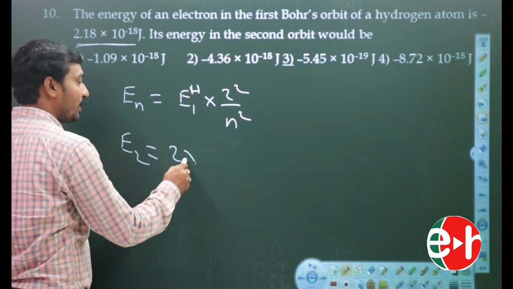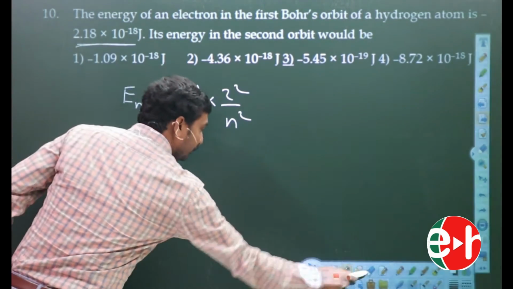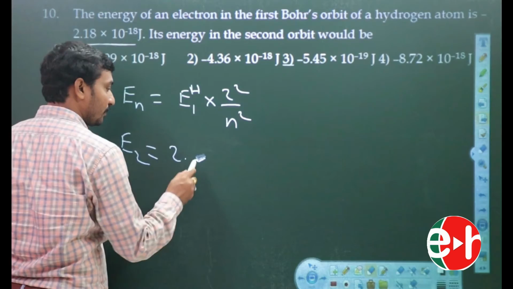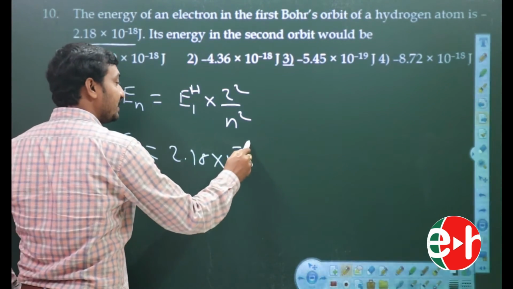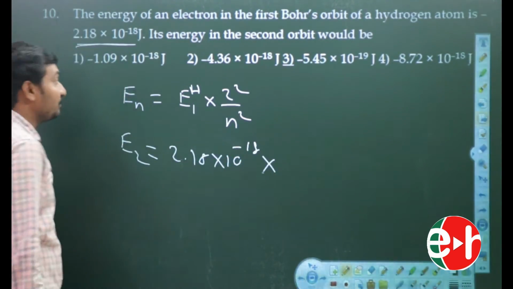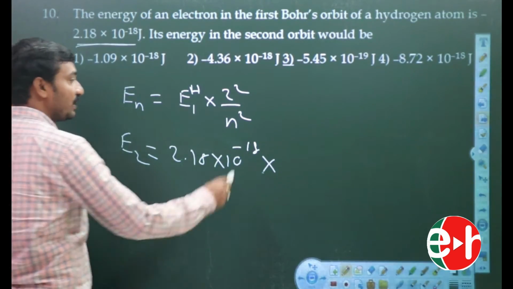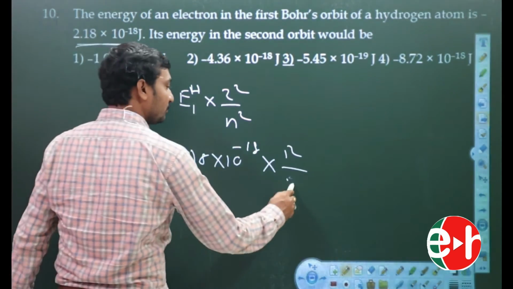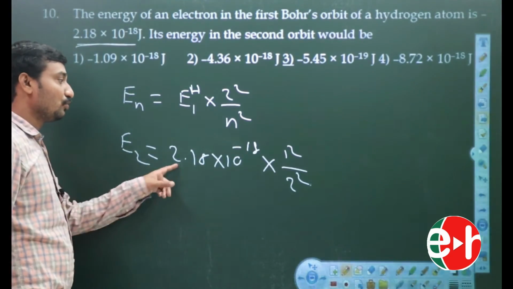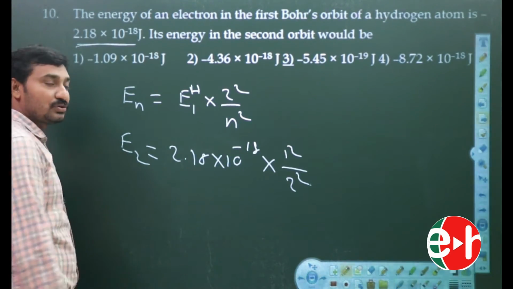So 2.18 into 10 to the power of minus 18 into Z value, same atom, hydrogen atom, so Z value 1 square, but which orbit? Second orbit. So 2 square. So 2.18 by 2 square. 2 square means 4.